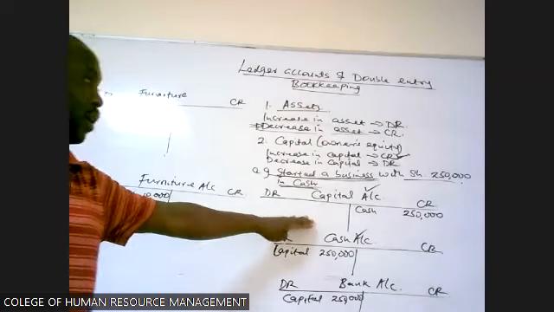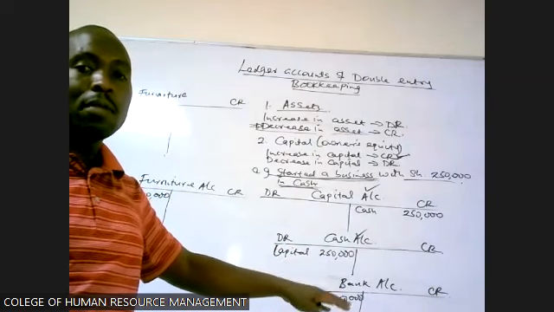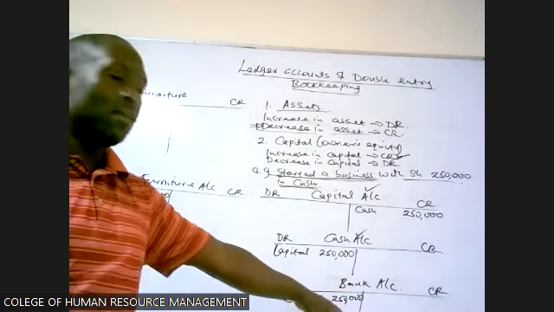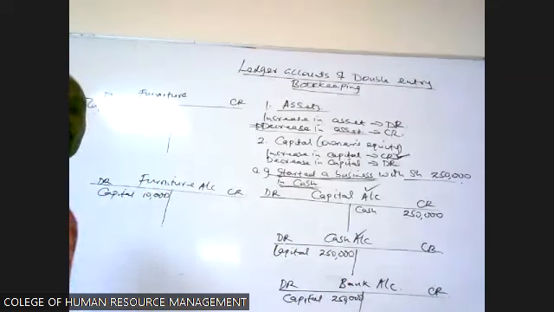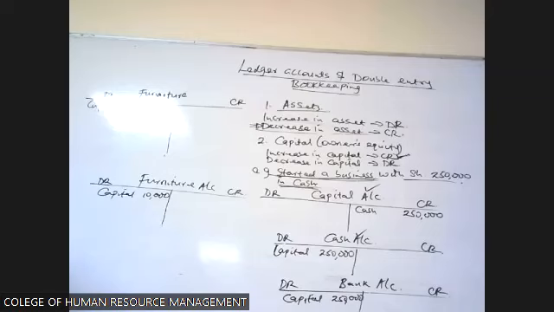So the owner can bring capital in the form of cash, so you debit cash. Can deposit that money in the business bank account, so debit bank account. Can also bring in capital in form of an asset. You debit that asset by the value of the asset that has been brought into the business by the owner.